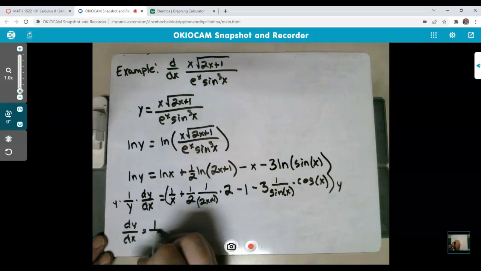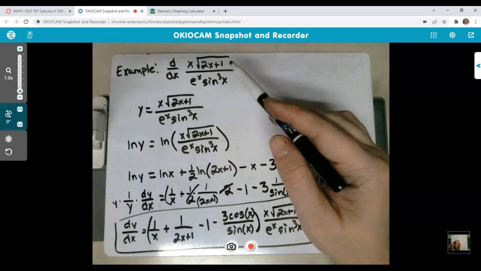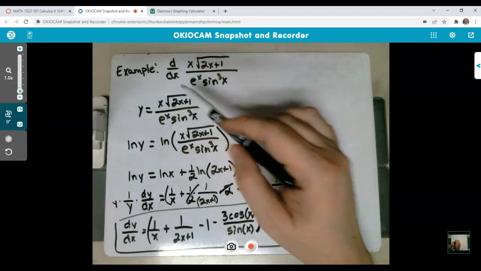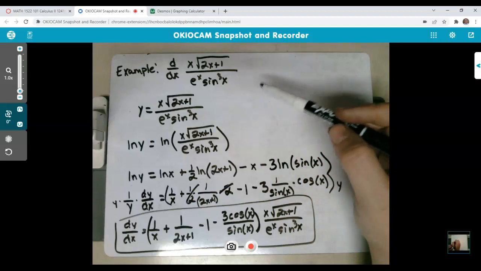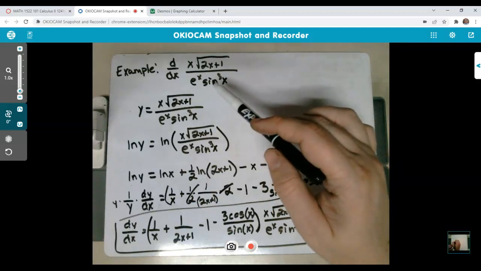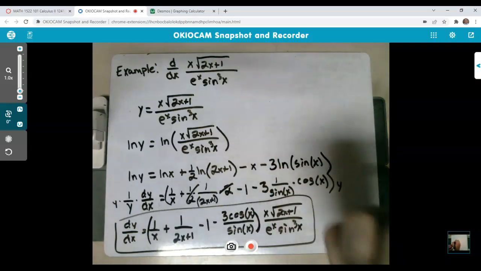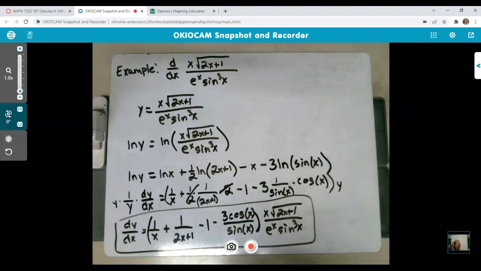So again, this is just a way to do this without having to do the quotient rule, because it would have been a mess, because it's the whole low d high minus high d low thing, and so I would need product rules and power rules and all kinds of stuff. Whereas with this, I don't need all of that stuff. Okay.